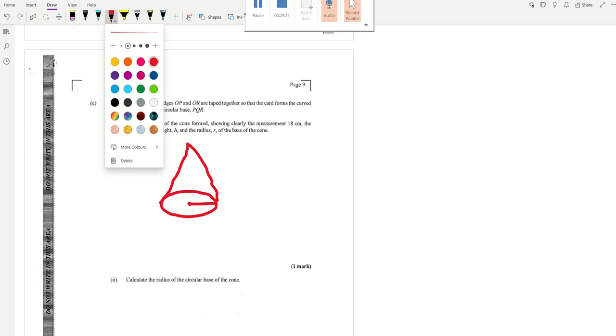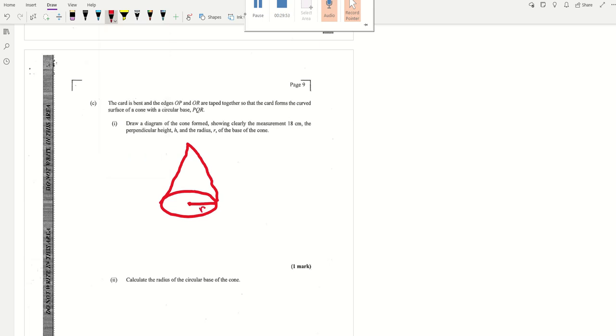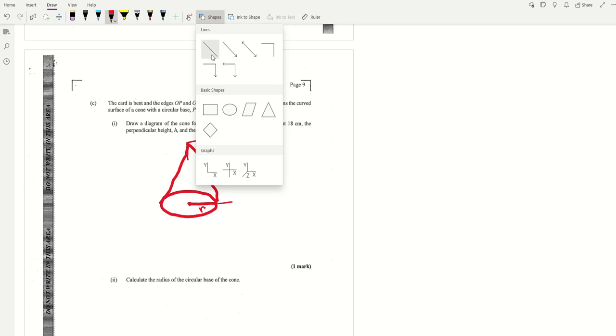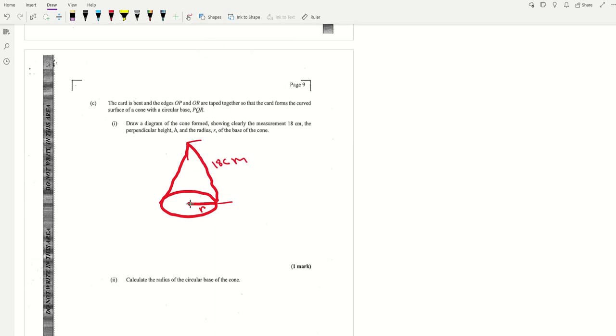This is R. We said that they taped the cone, so that means this curve length from here to here is 18 centimeters, right? And then this length from here to here is your height, because that's what they're asking you to find, well, show.